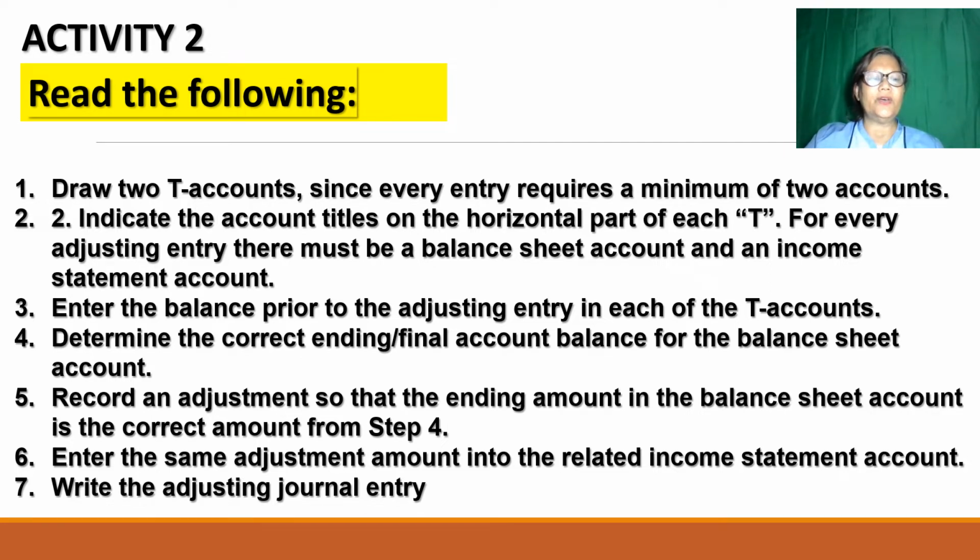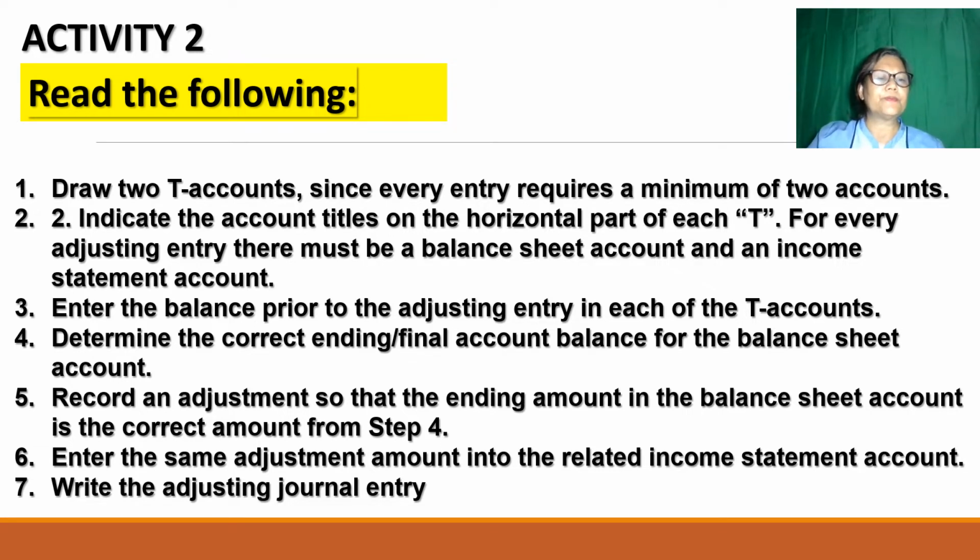Very good. Okay. Number 1 is draw 2 T accounts, since every entry requires a minimum of 2 accounts. So that is the number 1 procedure.